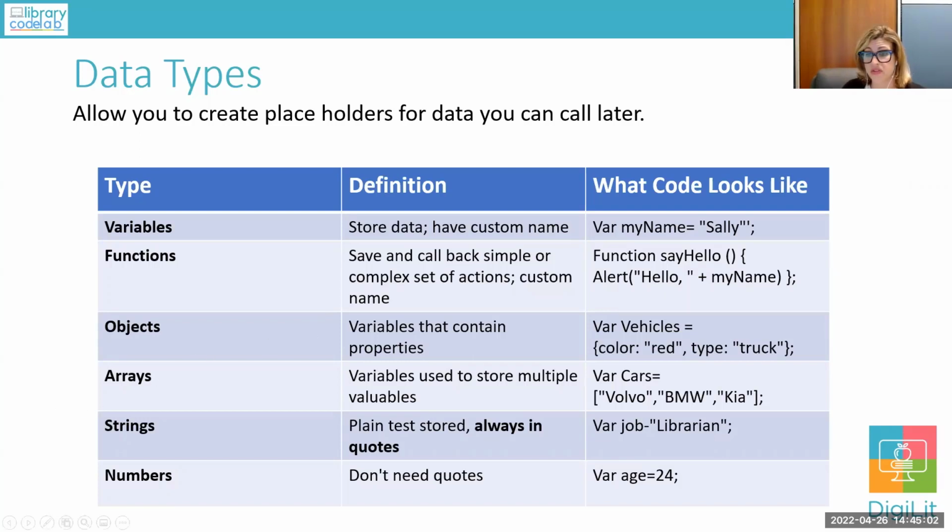Arrays are just used to store multiple variables. Strings, think of that as your text. Plain text, you put it in quotes. You can use single or double quotes. And then numbers do not need quotes, and you can also include numbers that have decimals.